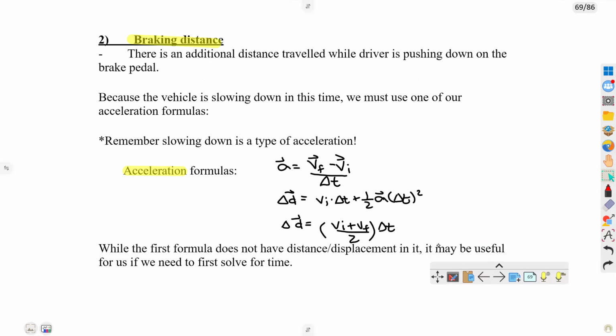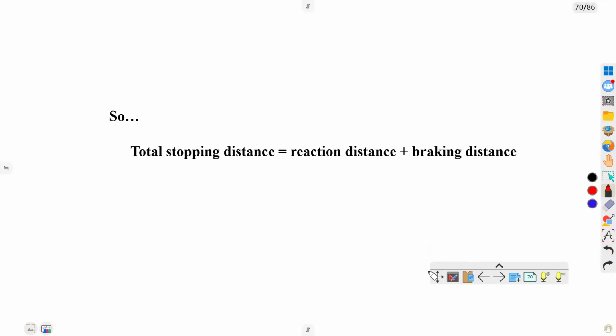Probably what we're going to be doing is looking at these other two formulas here, but do not discount this one. You still need to know it. So total stopping distance is reaction distance plus braking distance.